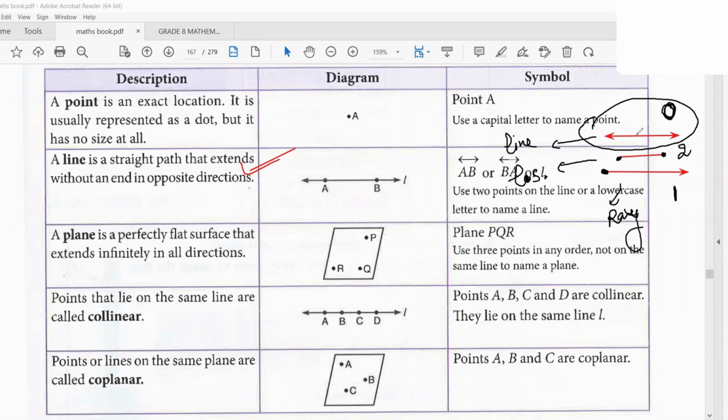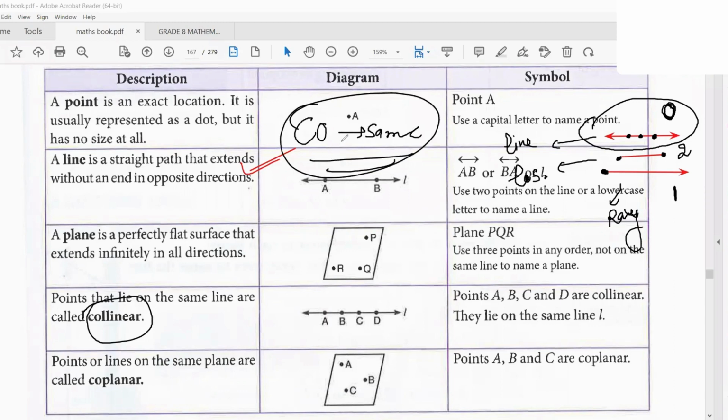Okay, if we have a line and we have 3 or 4 points on a line, what do we call them? They are called collinear points. The word co means same. Do you know any other words with co?